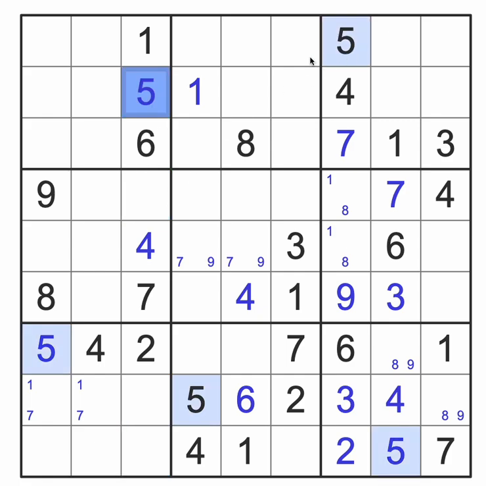And the 5 here blocks these, this 5 blocks these, this 5 blocks this cell, gives me 5 here. And the 5 here blocks these, this 5 blocks here, and because this is a part of the 7, 9 double, this cannot be 5. That gives me 5 here.